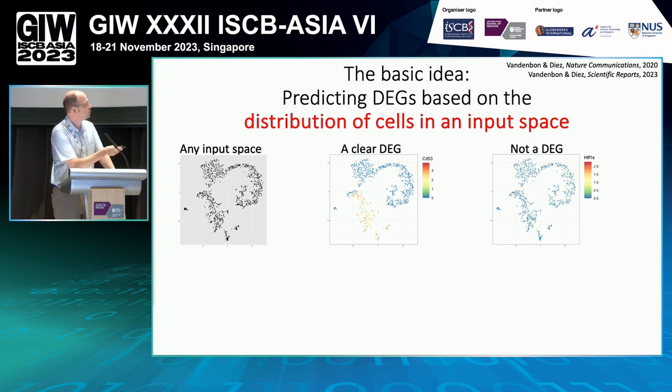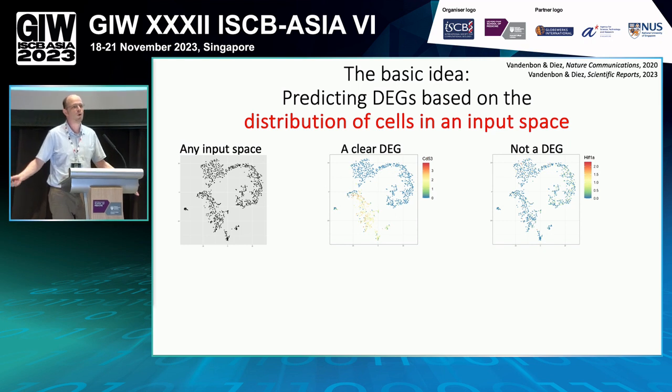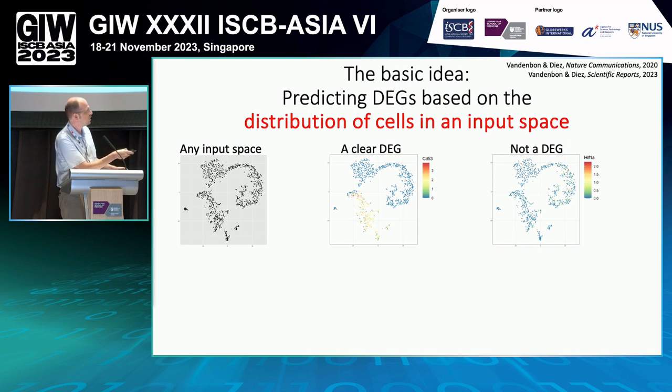Here I'm showing an example in 2D, because this is a 2D screen. But please imagine 10 dimensions, like the first 10 principal components, or the first 20 principal components, with all the cells inside them. And here I'm also showing a clear DEG, expressed here but not here, and then a clear non-DEG, which is expressed a bit everywhere.